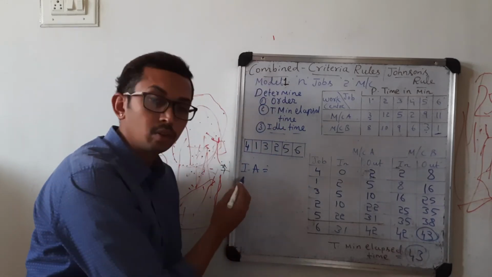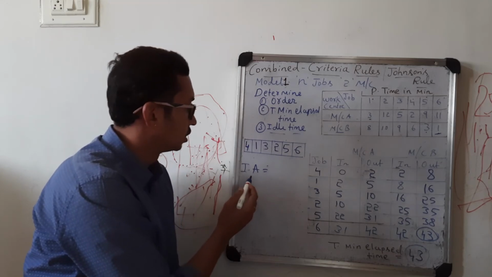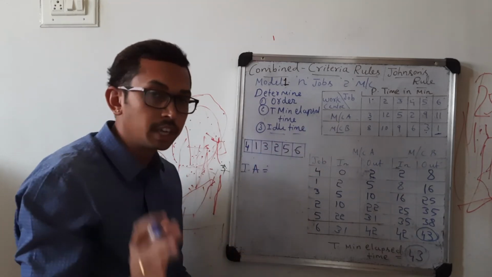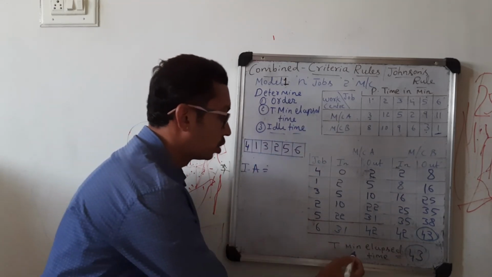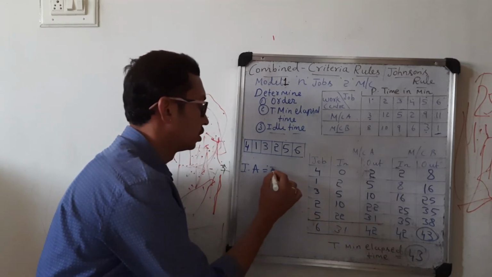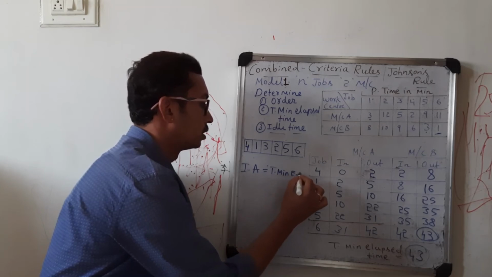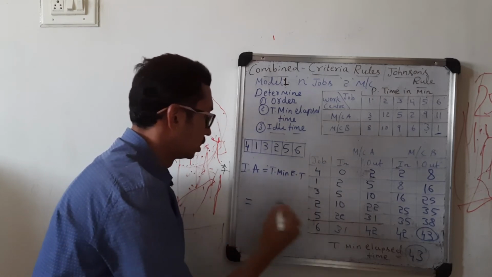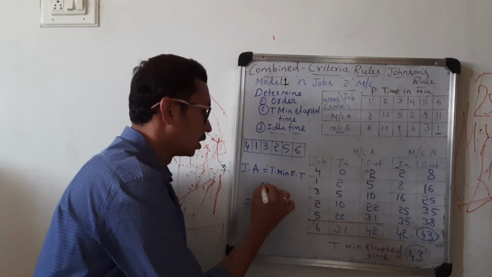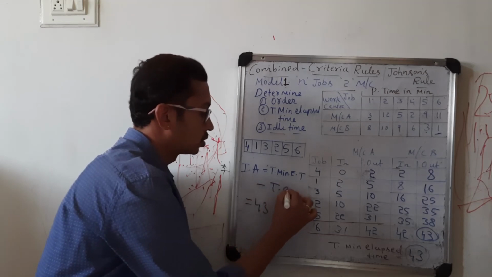So we need to find out the idle time for machine A. That will be the total minimum elapsed time, which is 43, minus the total processing time.